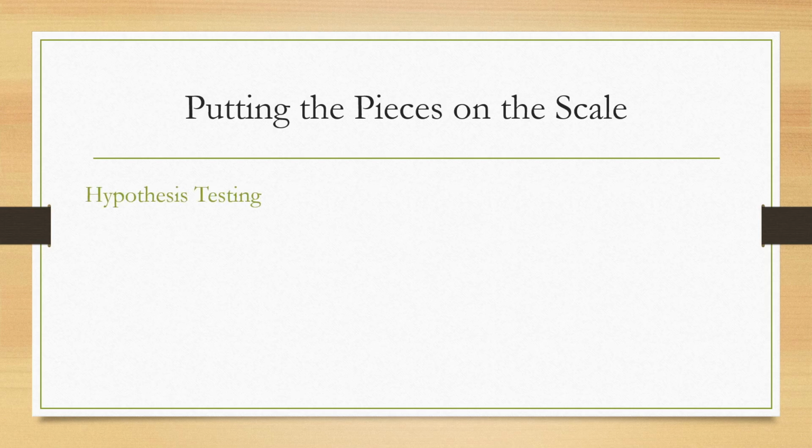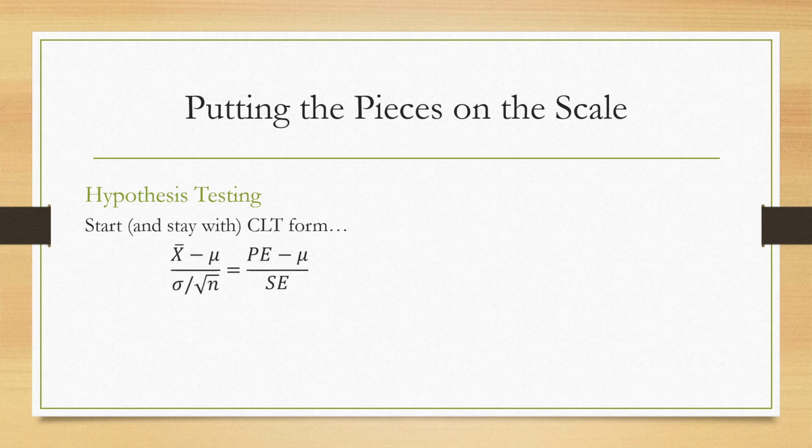Again, hypothesis test, we start with our data on whatever scale it is. So if I'm doing age, it's age in years, and that's the scale we start with. And then we move to the central limit theorem, or we use the central limit theorem form to transform what we start with, our sample mean on the scale of our original data, and we use this standardization formula and the central limit theorem.